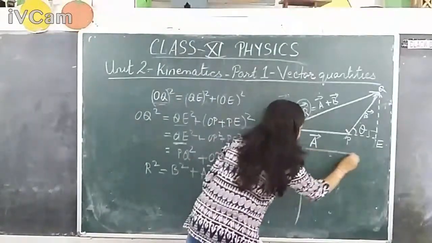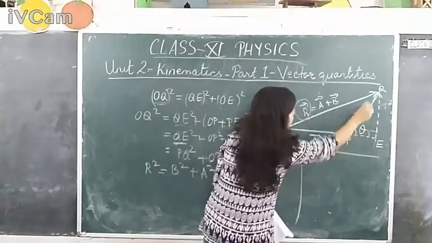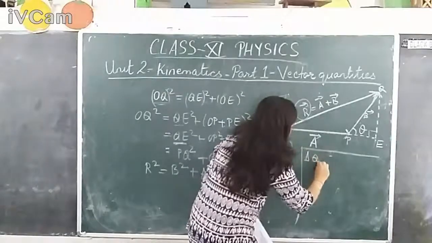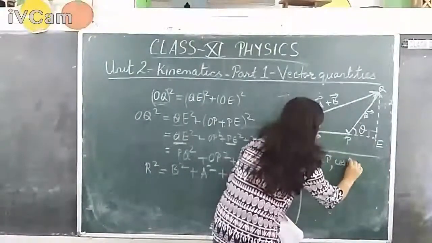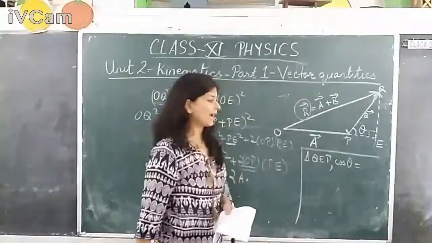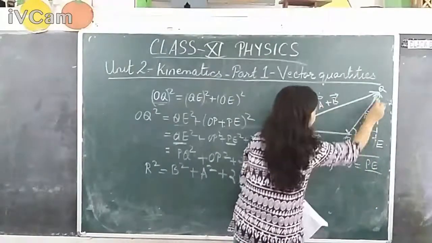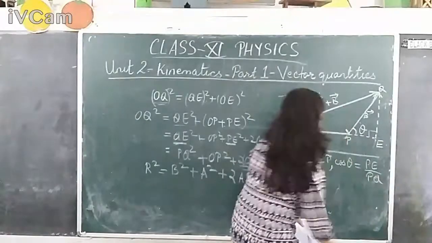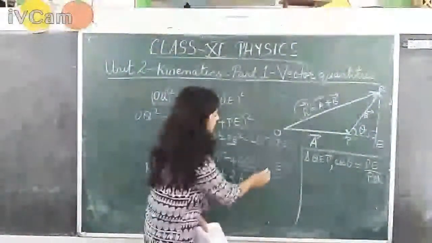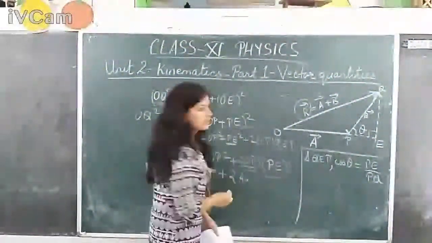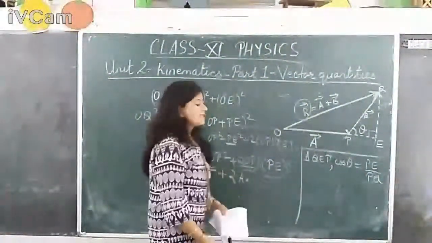Now we will just do a small calculation for PE. Take the small triangle QEP. Cos theta, you know cos theta is equal to base by hypotenuse. What is the base of this one? PE, and the hypotenuse of which is PQ. Now, since PE is not known to us, we are trying to express it in known terms, so we eliminate PE and replace it by terms known to us.